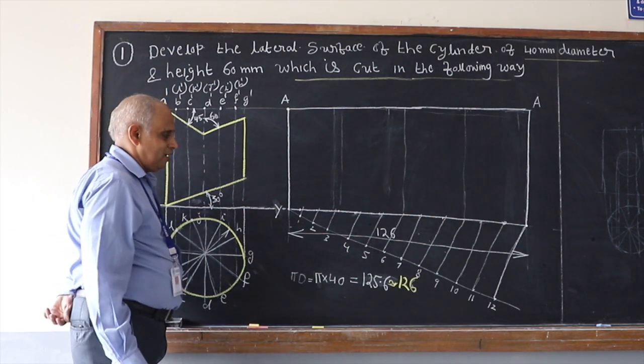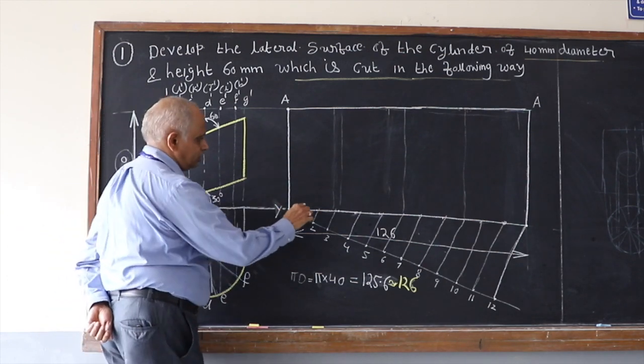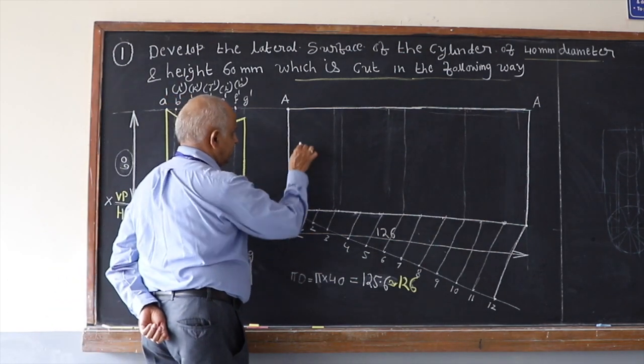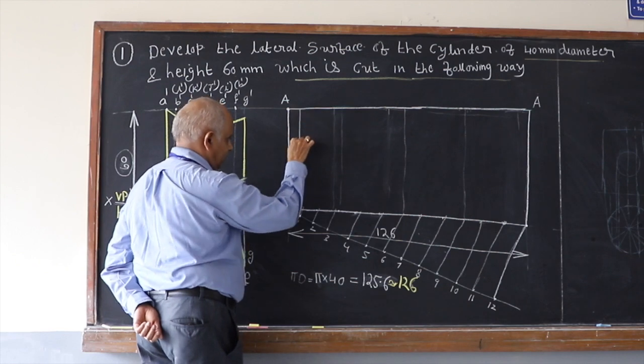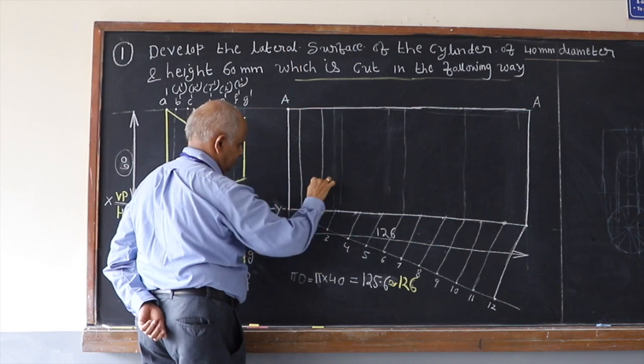It depends upon the value of pi d. Once you do this, remember these are all construction lines. Erect these generators as a thin continuous line from each of these divisions.